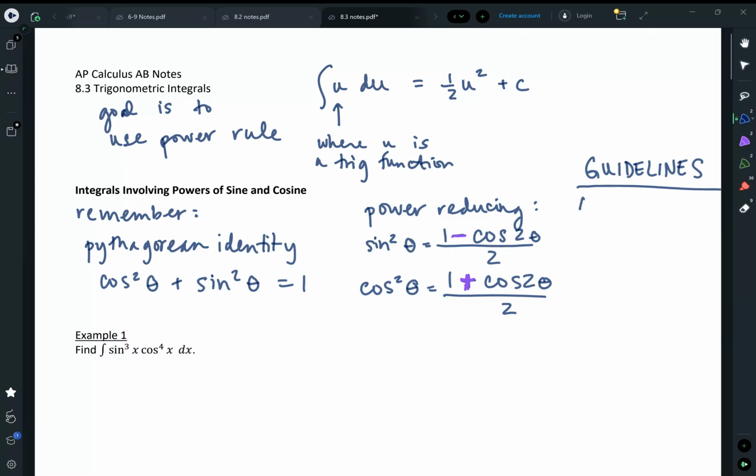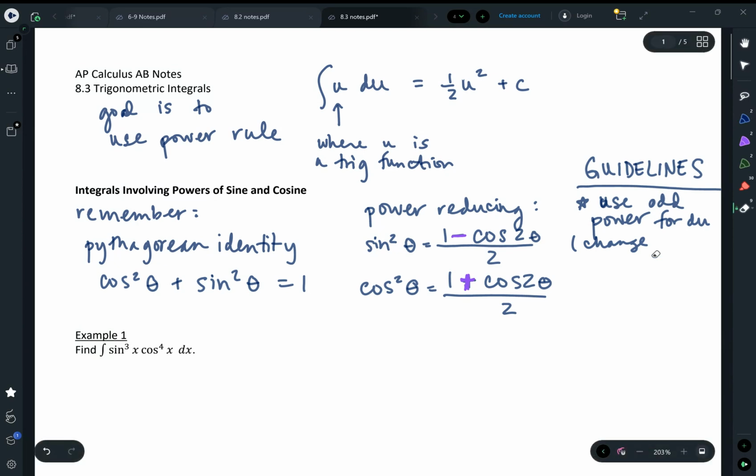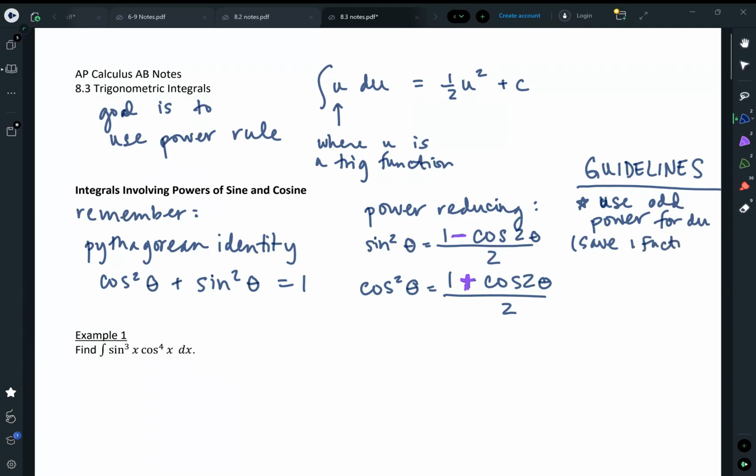Use the odd power as your du. Like we're going to save one factor of it basically and change the rest. So save one factor and change the rest.